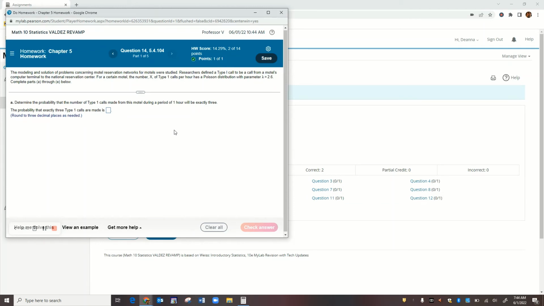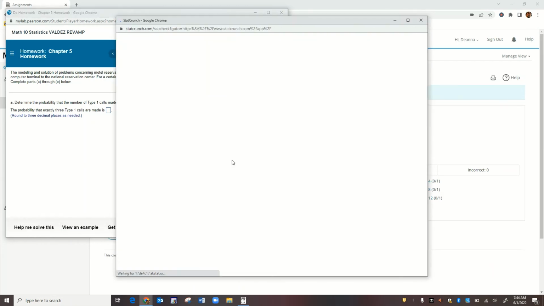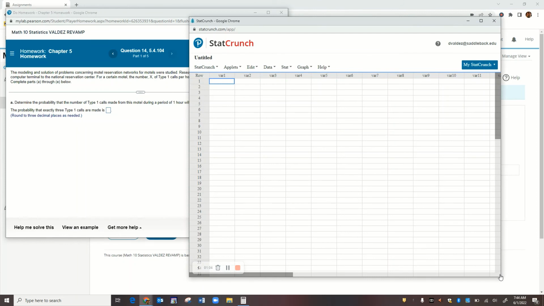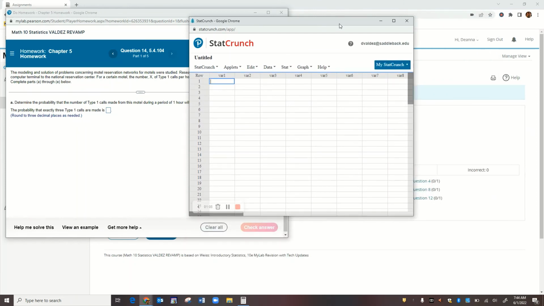So first thing we're asked to do is determine the probability that the number of type 1 calls made from this motel during a period of 1 hour will be exactly 3. So we need our StatCrunch.